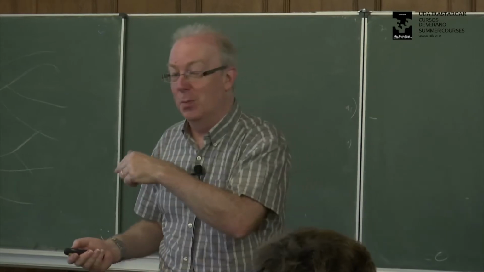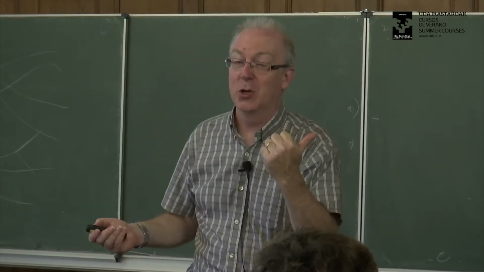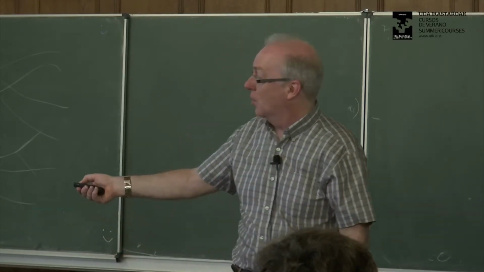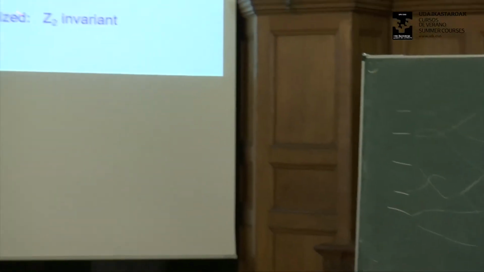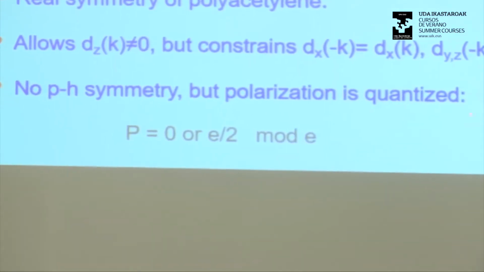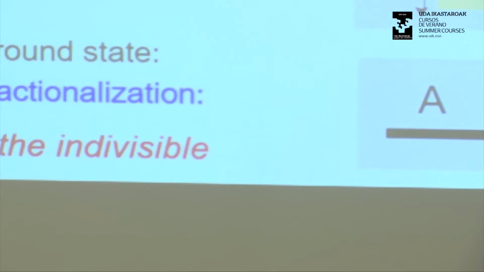So e over 2 and minus e over 2 are the same. So e over 2 is allowed as well. But those are the only two values. So the polarization can be 0 or e over 2, and that defines a Z2 topological invariant.